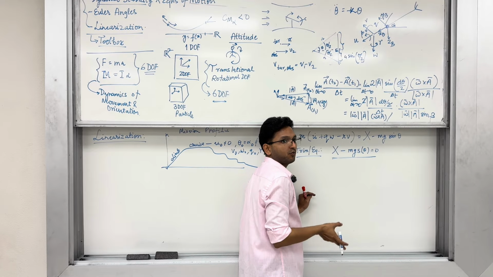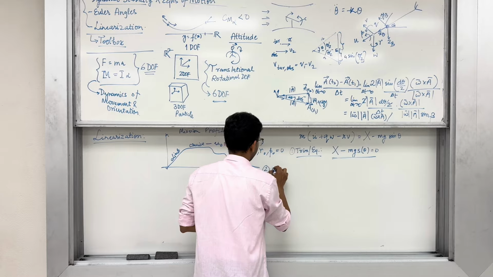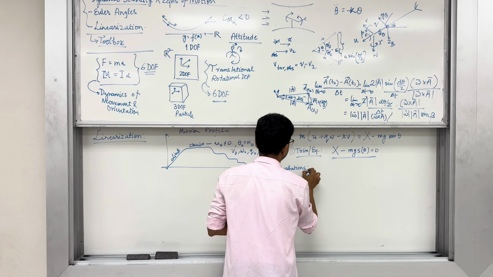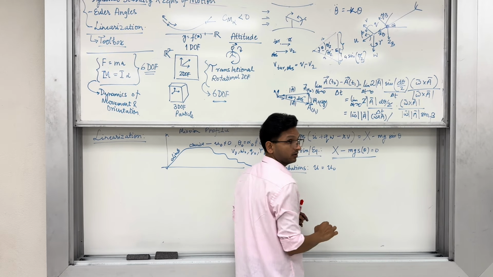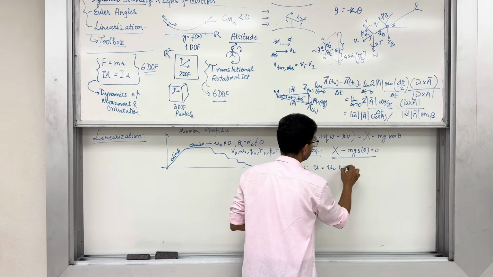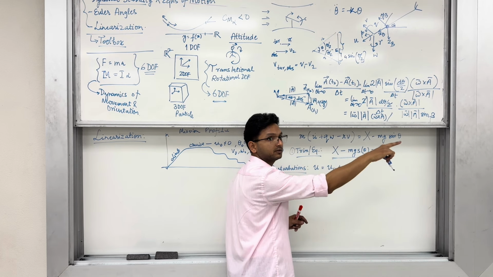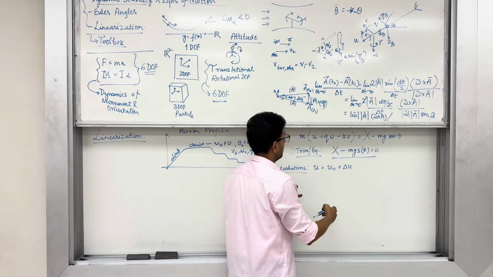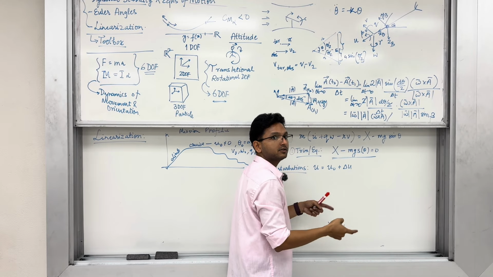You are asking me what happens if I get disturbed from equilibrium? Fine, I will go ahead and write out the perturbations. This is the second step in linearization. You simply say that u equals u naught, what I was at equilibrium, plus some change in u. Same thing, q naught plus delta q, w naught plus delta w, and so on, and then I will feed it into the equation and study how the perturbations behave with time.